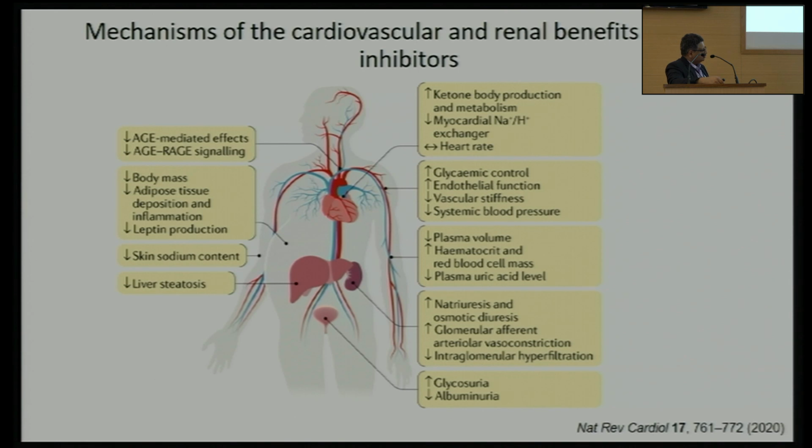It shifts the metabolism towards lipid metabolism, and by that it will decrease the cellular lipotoxicity. And the third is again the inflammatory markers, inflammation induced fibrosis. This is the main mechanism of SGLT2 inhibitors.